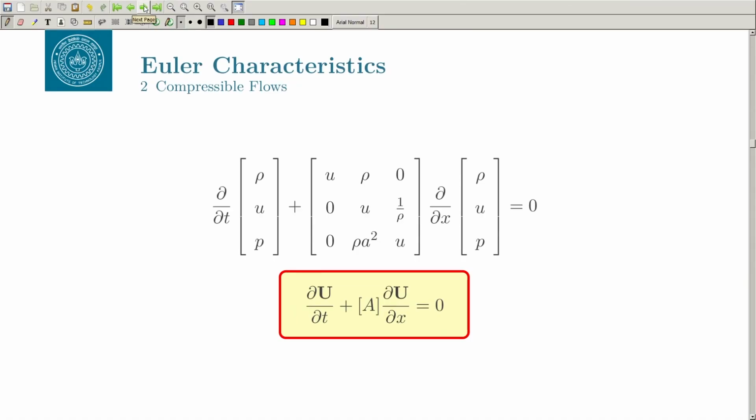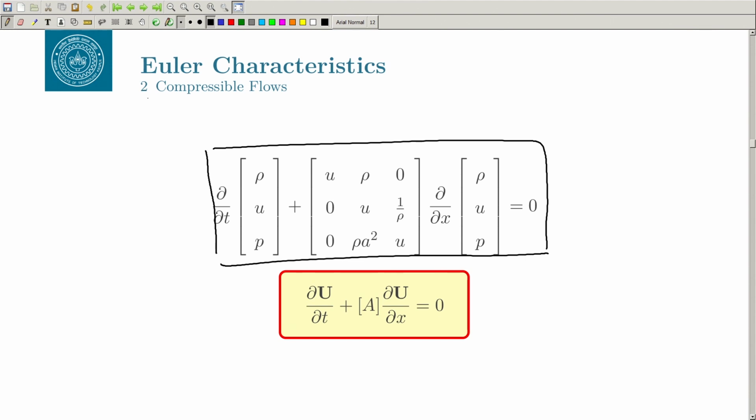I have written the equations here in the primitive variable form. These are the Euler equations. Why Euler, why not Navier-Stokes? Because we are assuming that your boundary is sufficiently far away from where the core activity is happening, so your viscous effects are not that dominant in that region. You can use the Navier-Stokes characteristic also, but that will become very complicated.